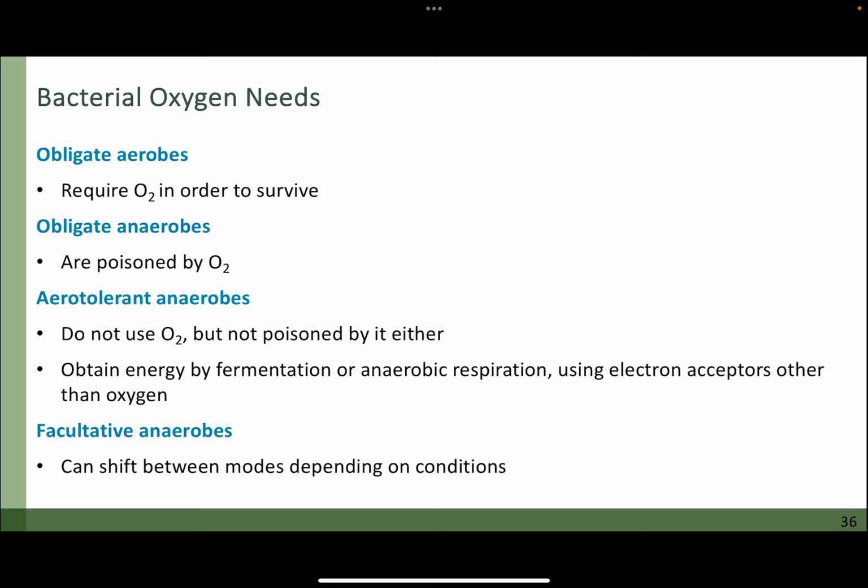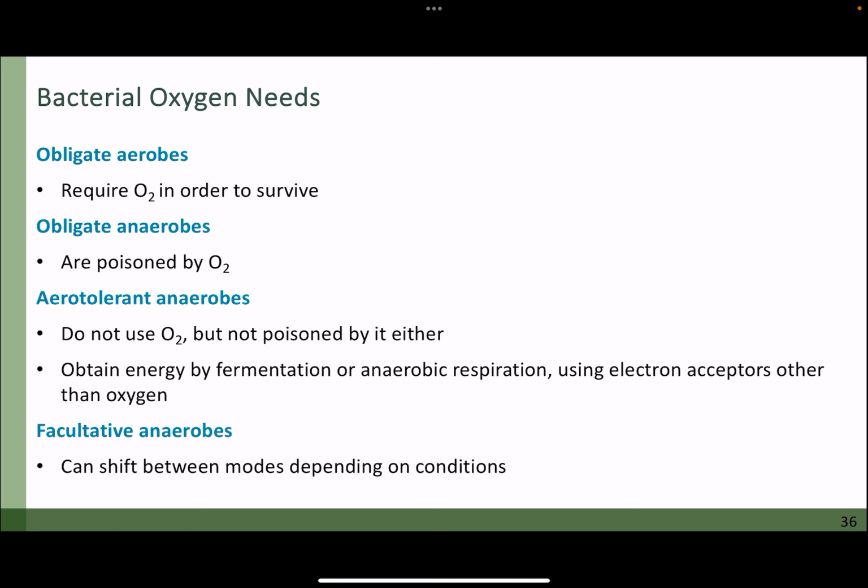So we are aerobic organisms. Early in life history, we talked about how there was very little oxygen on early Earth, and so most of the early organisms were probably anaerobes, which did not utilize oxygen. And then aerobic organisms came later when we had cyanobacteria releasing more oxygen into the environment.